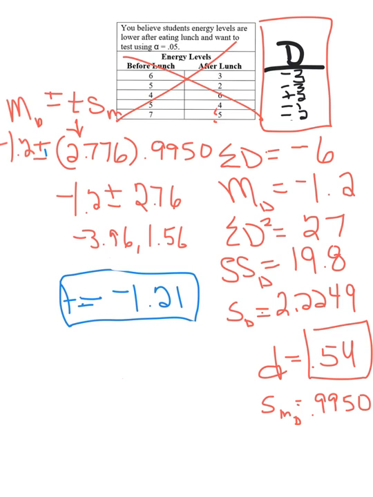So now I have my lower boundary and my upper boundary, my test statistic, and my effect size, Cohen's d. So now how do we find out whether this is significant or not? That's really kind of the question.